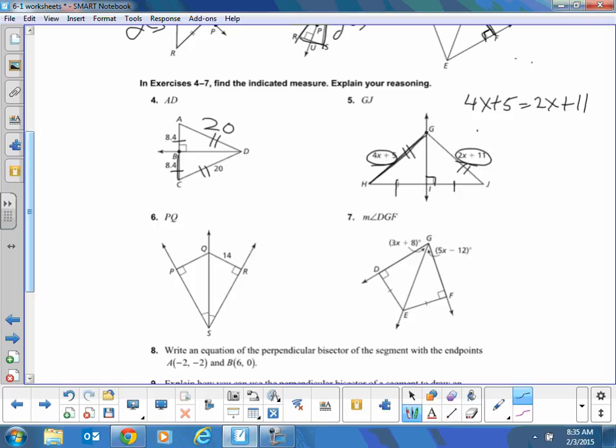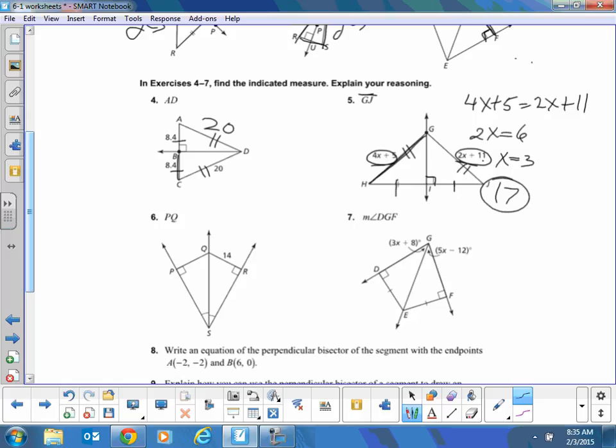So we have 2x equals 6. So x must equal 3. Don't stop there. It wants to know GJ. So plug 3 in. 2 times 3 is 6 plus 11. 17, yes. Notice they didn't put a bar above that because they're talking about distance. They didn't put a bar above it like that. Distance, just 2 points.